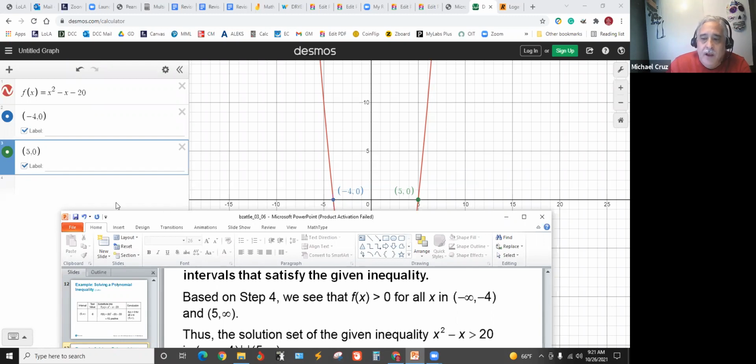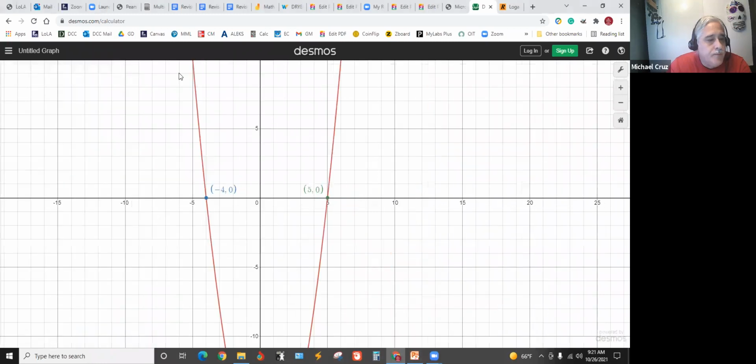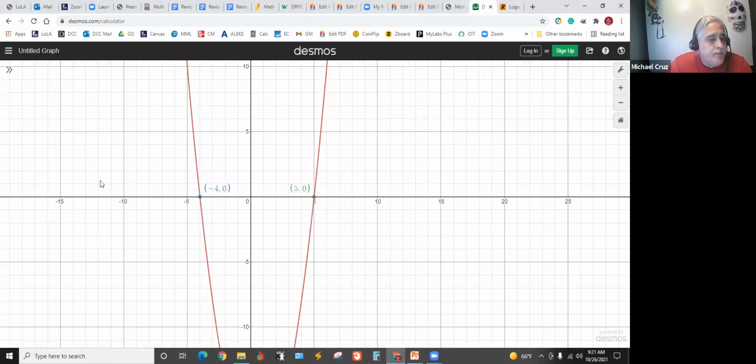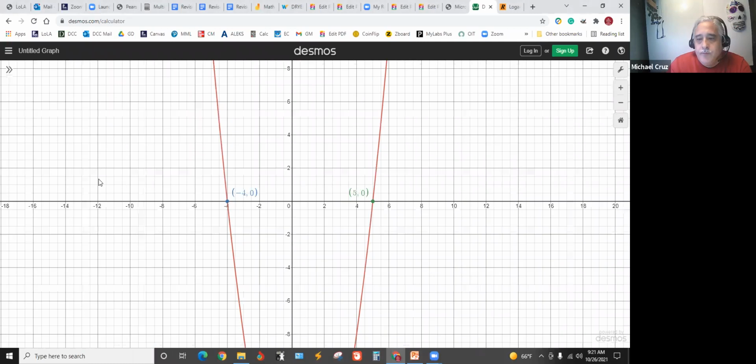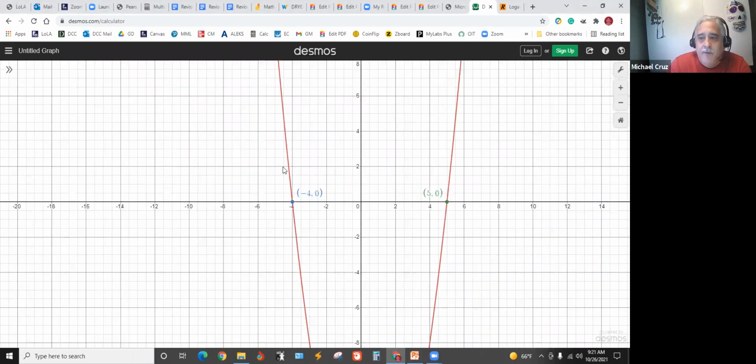Notice that from negative infinity, which is all the way out here, up to -4, y, or the functional value, is what? It's above the x-axis, so it's positive.